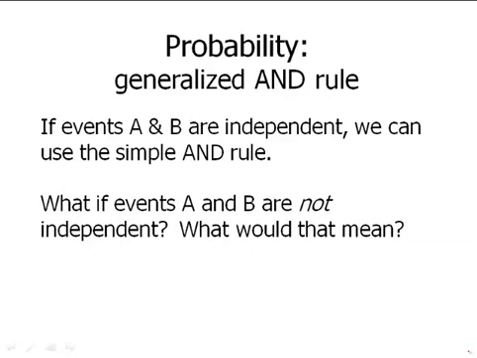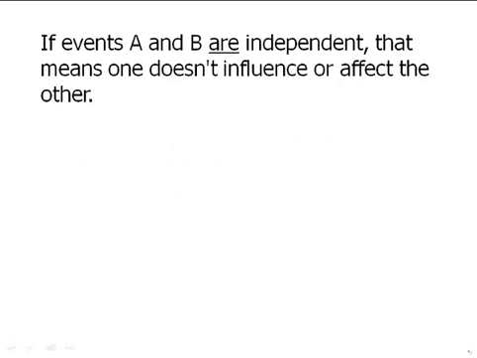So first, let's figure out exactly what this would mean. Recall, if A and B are independent, that means that one doesn't influence or affect the other at all. So the probability of A happening has absolutely nothing to do with whether B happens or not, and vice versa. So one happening does not change the probability of the other.